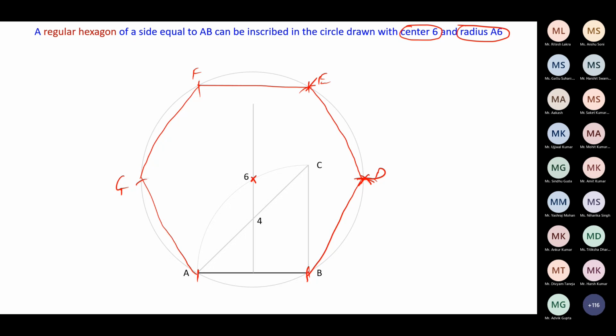This is just one method, and you can find many other methods. So this is the common or general method of construction.